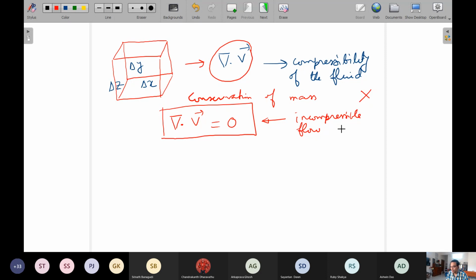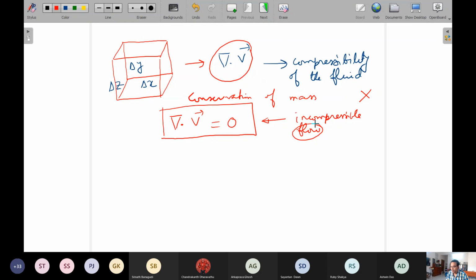They are essentially converging to the same thing, but in one case the focus is the fluid, in another case the focus is the flow. Since we are using an expression where the dependent variable relates to the flow, we better call it incompressible flow and not incompressible fluid, because fluid property is nowhere coming into the picture.